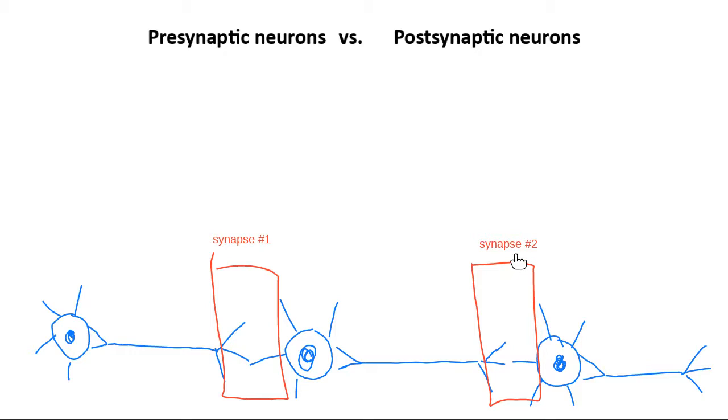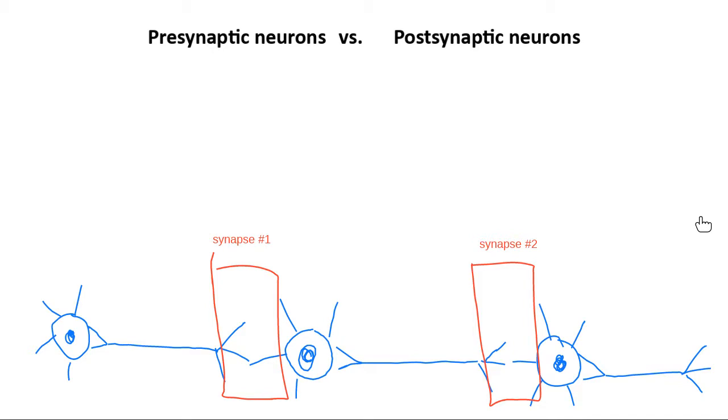Relative to synapse number 2, this neuron is a presynaptic neuron because it's before synapse number 2. So it talks to the postsynaptic neuron at synapse number 2, and there's a pretty good chance that this one's going to go talk to somebody else and talk to somebody else, and down the line we go.